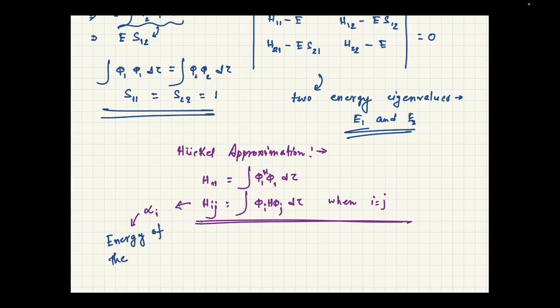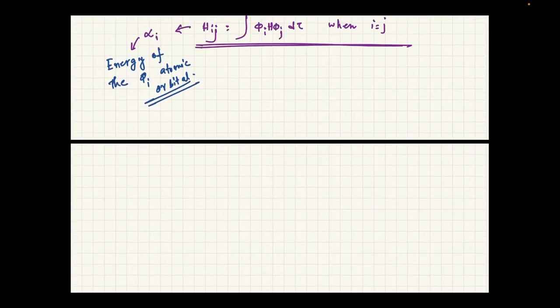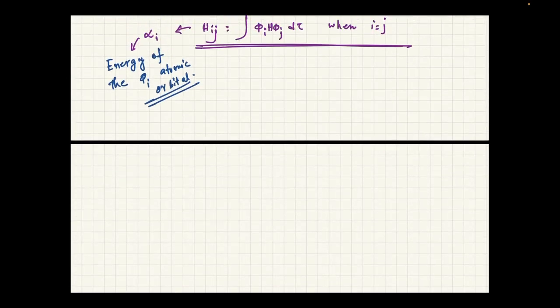Another case will be Hij, which is the integral of phi i H phi j d tau when i is not equal to j.